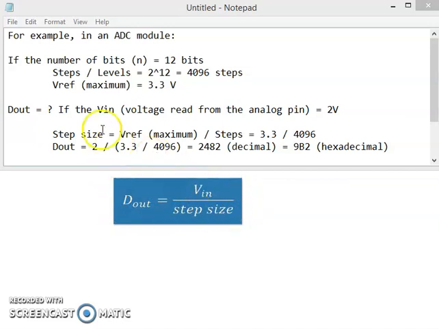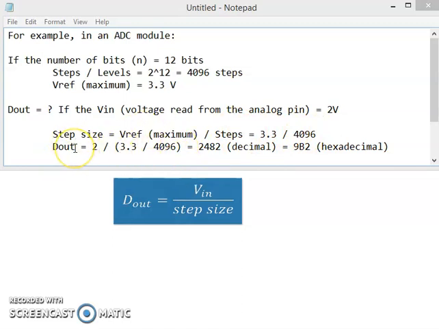First we have to know the step size of our ADC module. The formula for the step size is the maximum reference voltage divided by the number of steps. In this case, the maximum reference voltage is 3.3 volt divided by the number of steps, which is 4096. Based on this value, we plug it into our formula.